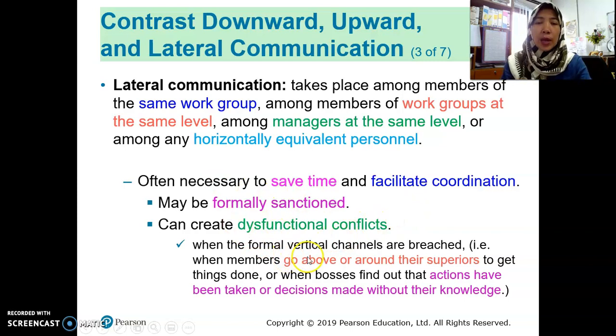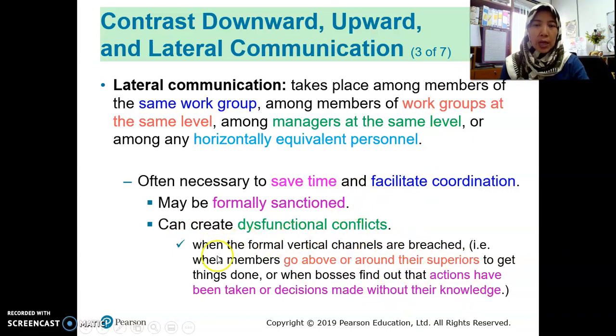So when the formal vertical channels are breached, that means vertical, when we talk about higher-ups, or from top to down, that's a vertical channel. Or when members go above or around their superior, that means those below the manager go above and bypass the superior, there will be some problems. Or when bosses find out that actions have been taken or decisions made without their knowledge.